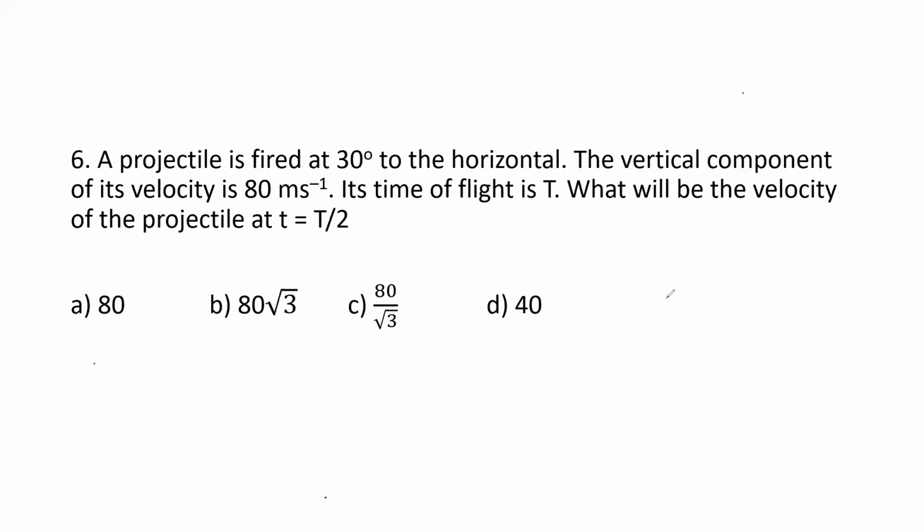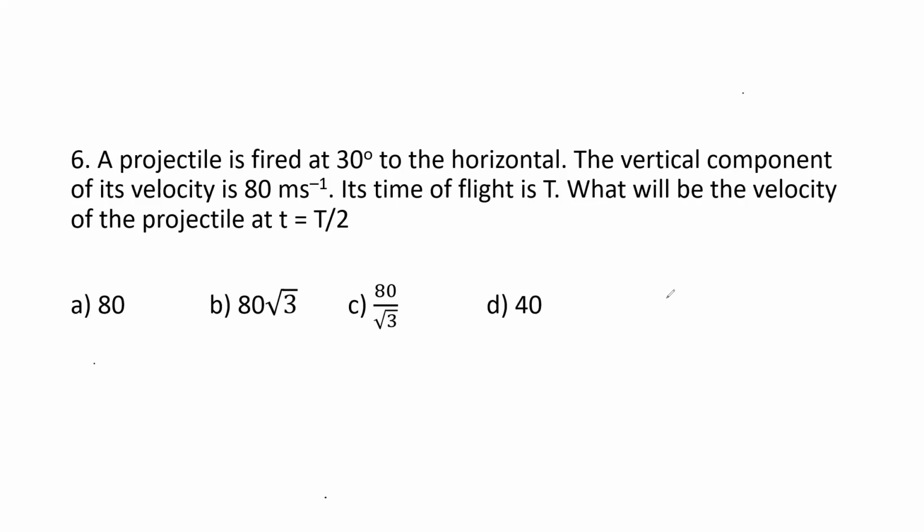What will be the velocity of projectile when t is equal to t divided by 2? What they are asking here is to calculate the velocity of the body when the time is t by 2, half its value.